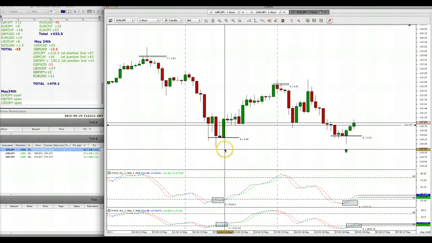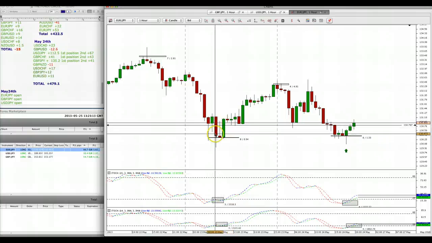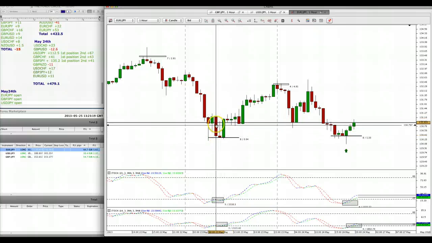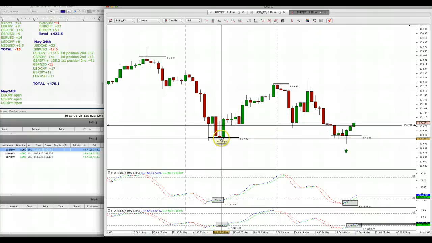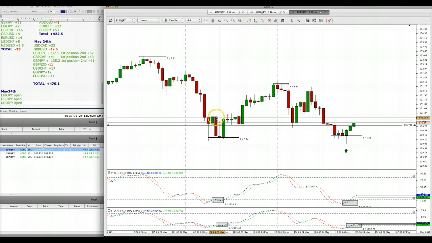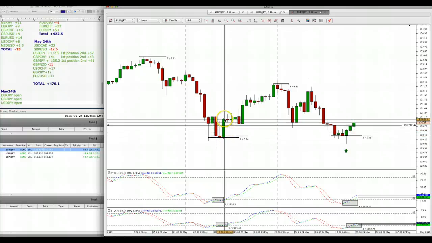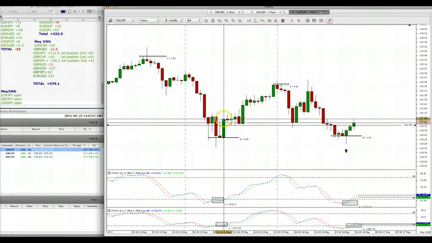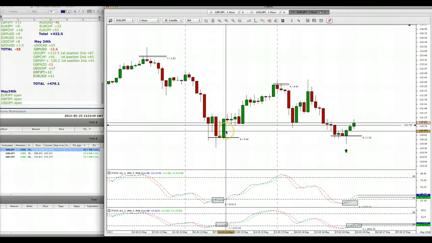Then what happens is this candle turned into somewhat of a morning star. It's not the prettiest, but we have huge bearish candles, then indecision in the middle, and then a huge bullish candle that came all the way up and recovered all the losses from the sell-off, and this creates a morning star.